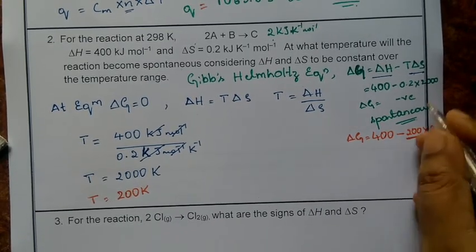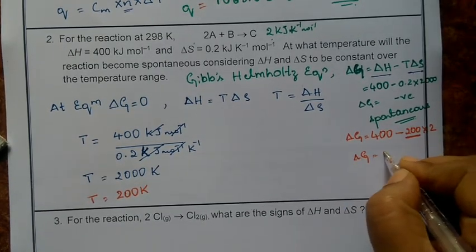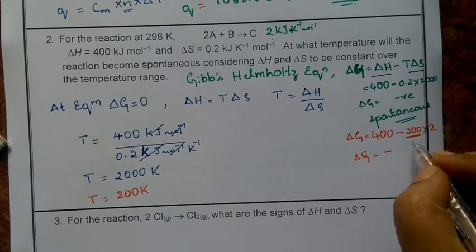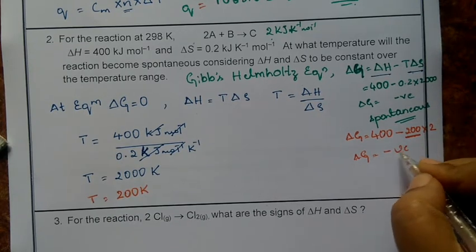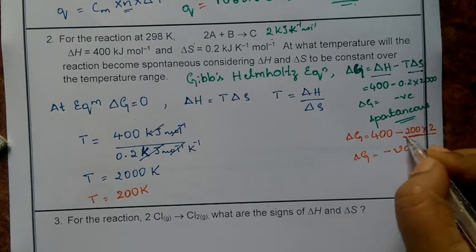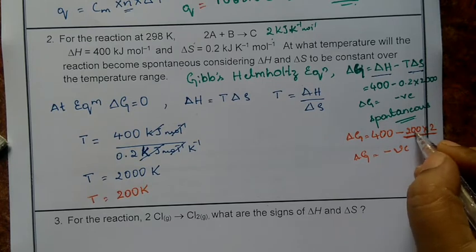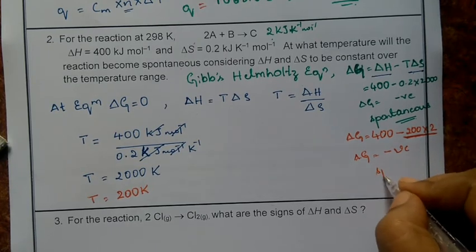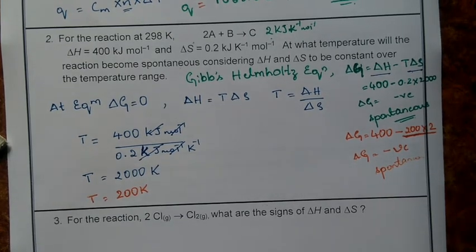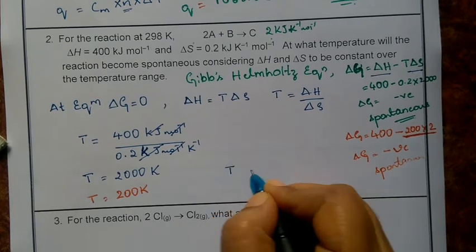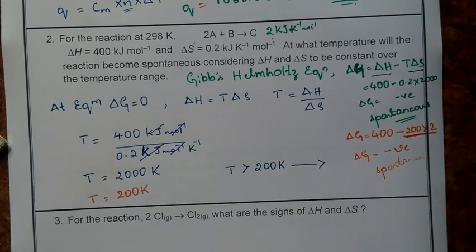If the temperature is more than 200, then this value is going to increase. You can't change delta S, you can't change delta H. But if the temperature is more, then delta G becomes negative. That is nothing but the reaction is spontaneous in nature. So we can say if temperature is greater than 200 Kelvin, then the reaction becomes spontaneous.